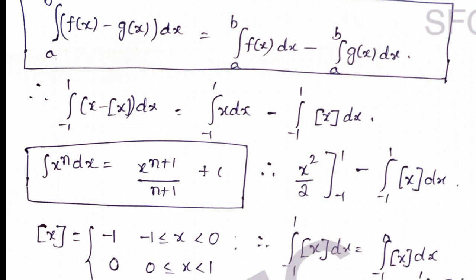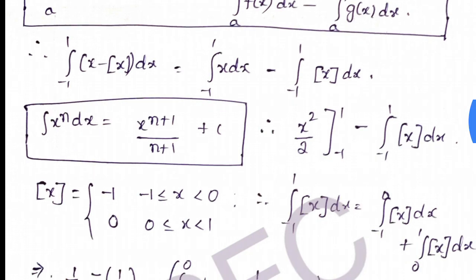We get x square by 2 with limits minus 1 to 1, minus integral of minus 1 to 1 of step x dx. Before writing the answer for the integral minus 1 to 1 of the greatest integer function of x, you should keep in mind the greatest integer function. What is the greatest integer function?